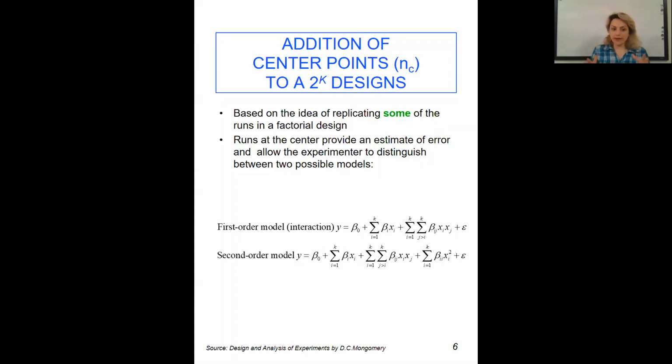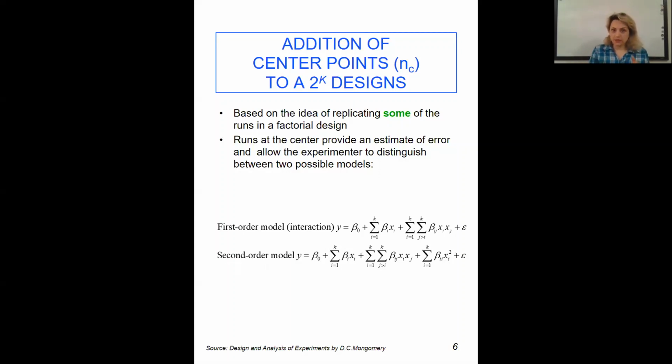If we have a full factorial, we replicate the whole design that we have. But if we have a partial factorial replication, for the partial ones we would use the center points, which I'm going to talk about in a few minutes. And then we're going to run them.